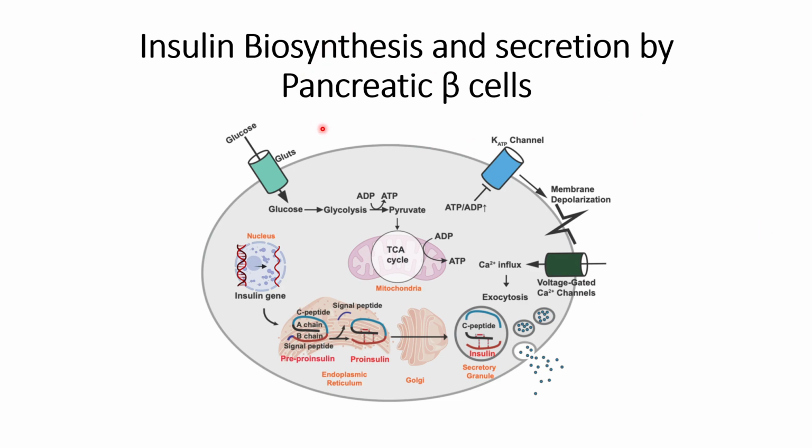Whenever there is a decrease in glucose level, the influx of glucose through GLUT decreases, and this will decrease the ATP to ADP ratio, and the calcium influx will decrease. The calcium concentration will decrease, so the secretion of insulin into the extracellular matrix, or we can say into the blood, will be reduced.